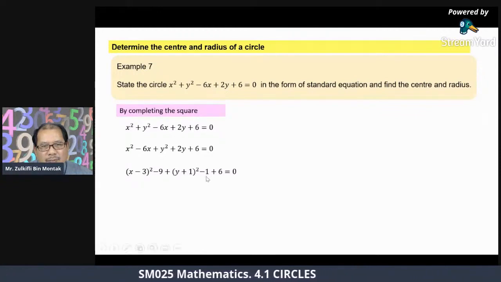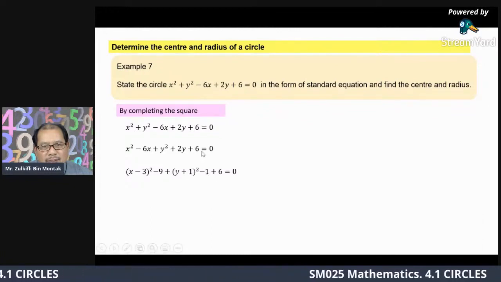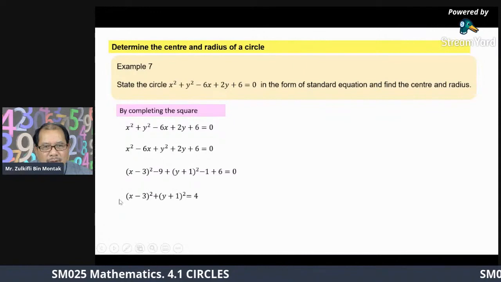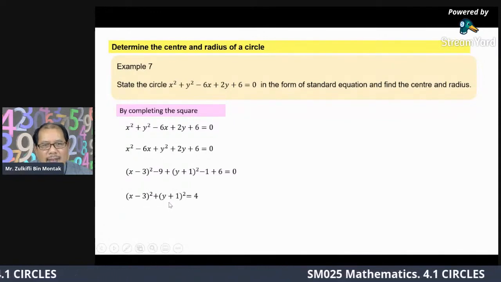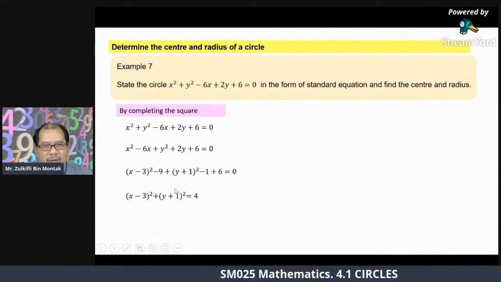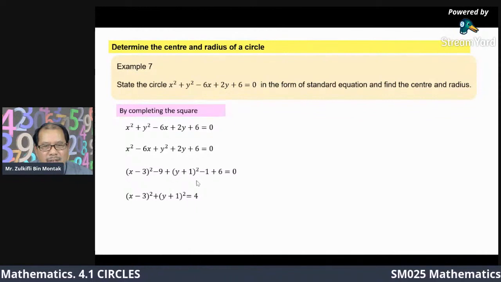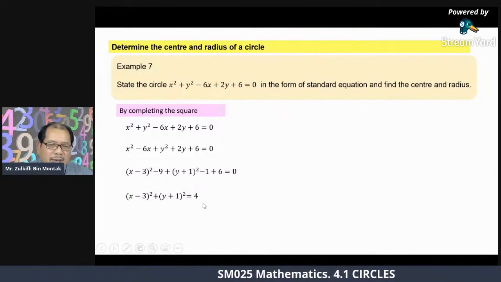Therefore, you should subtract 1 here, and then plus 6, because we already have 6 here, equal to 0. So now you write x minus 3 squared plus y plus 1 squared equal to negative 9 minus 1 plus 6, which is negative 4. Then you bring the negative 4 to the right hand side, you get 4 here.